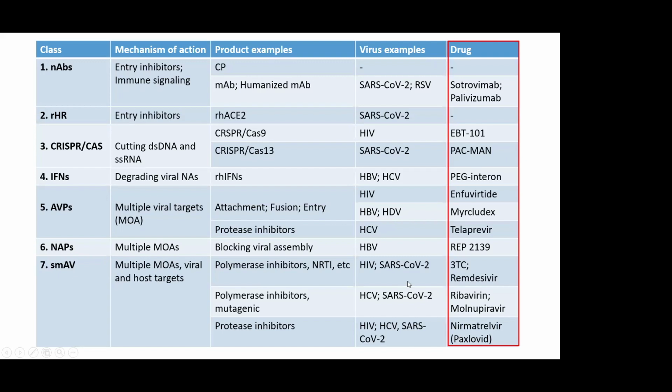So already in the first 2 or 3 years post the pandemic, we managed to produce by design medications that use so many different modes of action that even HIV would envy, because of very specific effort.